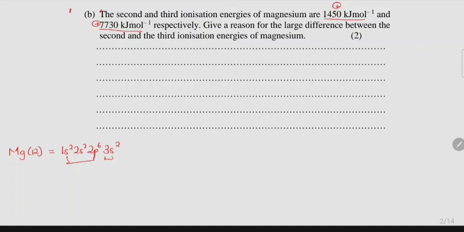Now, magnesium loses the first electron, right, from the outermost energy level. So now, let's remove this 2 and we put 1. Okay? The concept behind the losing is half filled or fully filled orbitals and energy levels are stable.